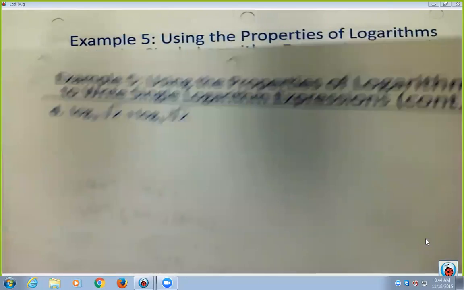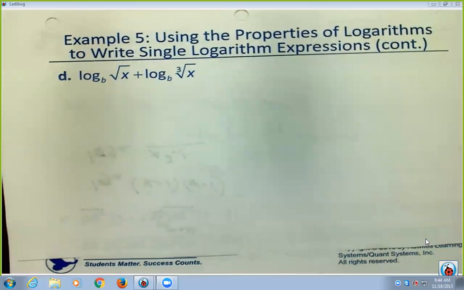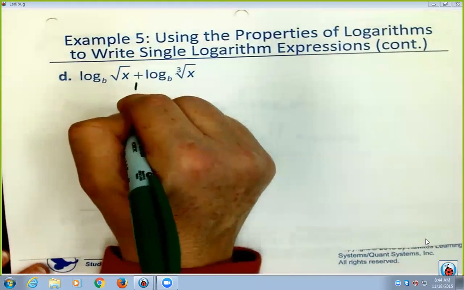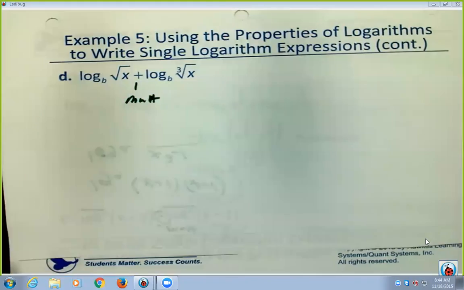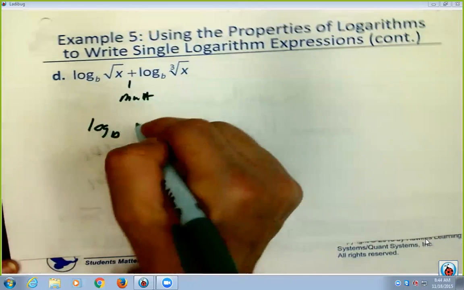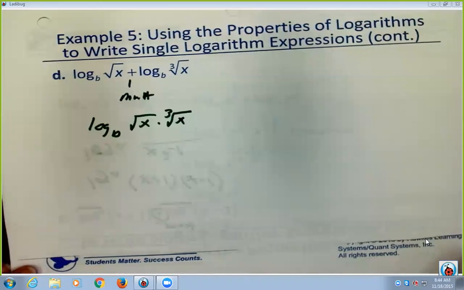Okay, this one. So plus means multiply. So I have log b of the square root of x times the cube root of x.